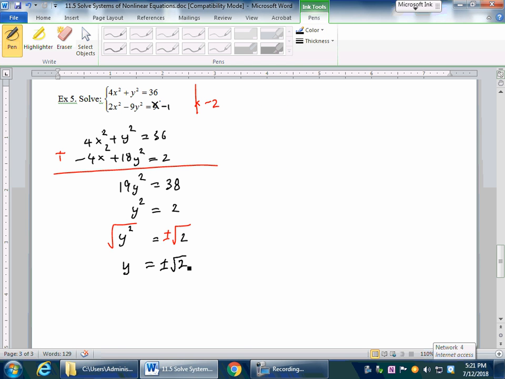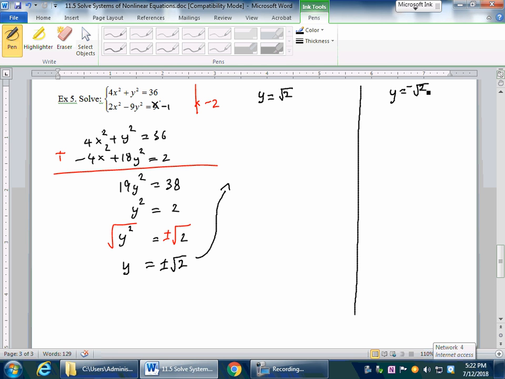So like before, I will have two situations in this case. The first one will be when y is equal to square root of 2, and the second case will be y is equal to negative square root of 2. Now we're going to plug it back into one of the equations.